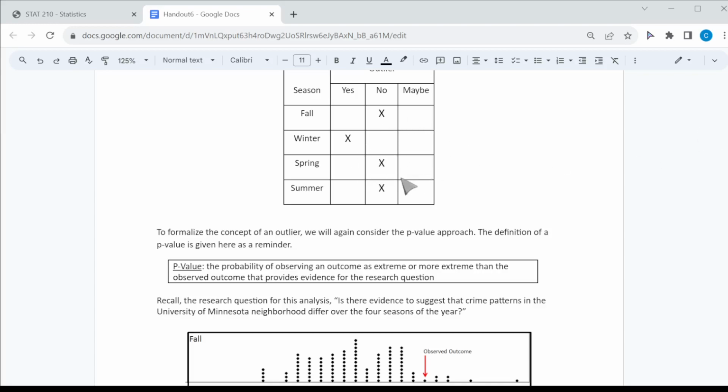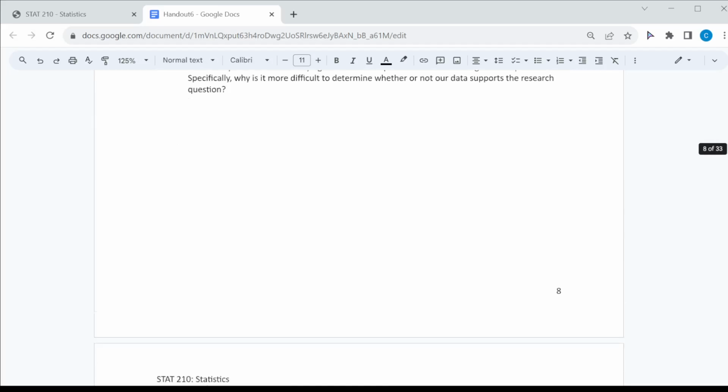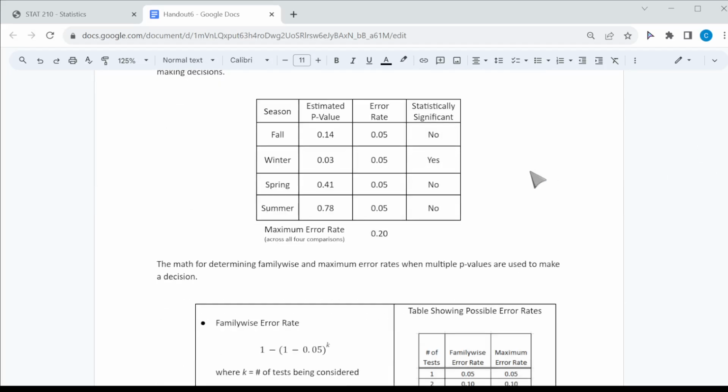Now, in class, we talked about some of the failures that we have in this approach that we are taking. So let me talk about a third failure that we're going to be confronted with. And that is the idea of a family-wise error rate. So if I go about doing my decision-making in a repeated manner, a p-value of 0.14, that was for fall.